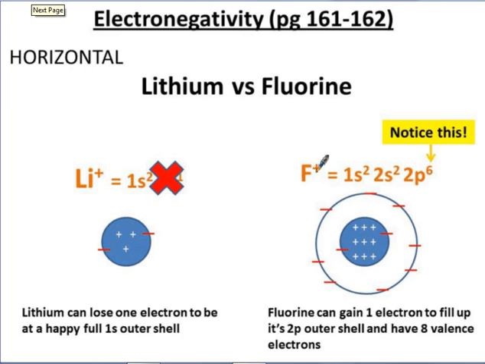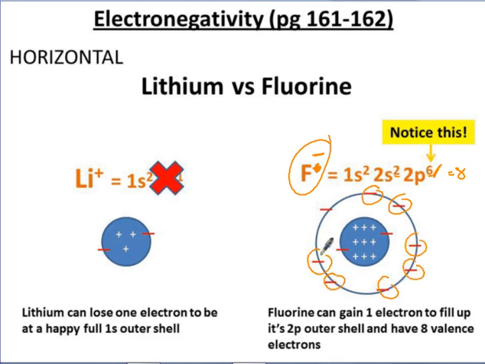It becomes, that should be fluorine minus, because it just gained an electron. So it becomes F minus. And if you notice, we added a 6 here because we have 2 plus 6 equals 8 valence electrons. 1, 2, 3, 4, 5, 6, 7, 8. So by adding 1 electron, fluorine becomes more stable.